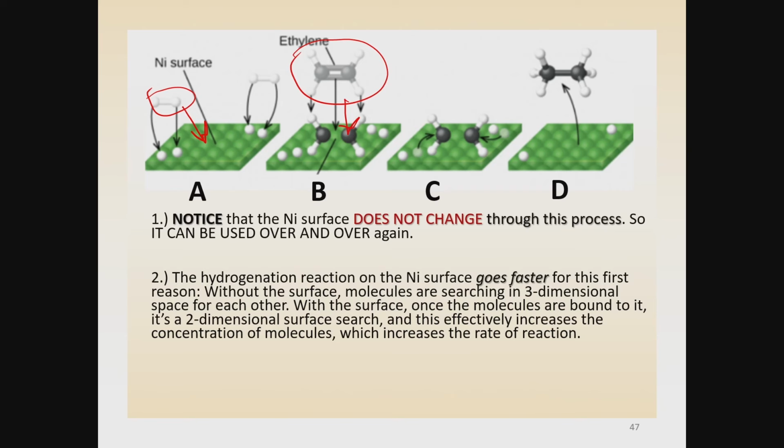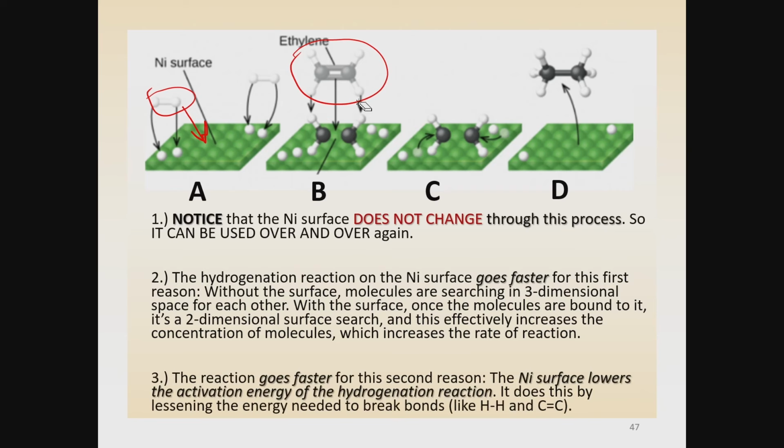Another reason why this reaction will go faster is because in some fashion the catalyst lowers the activation energy of the reaction. The only way it can do that is if somehow it changes the way in which the molecules interact with each other to form the transition state to become products.